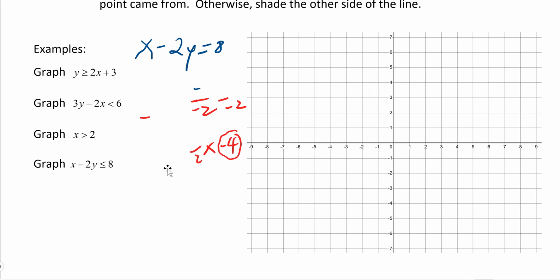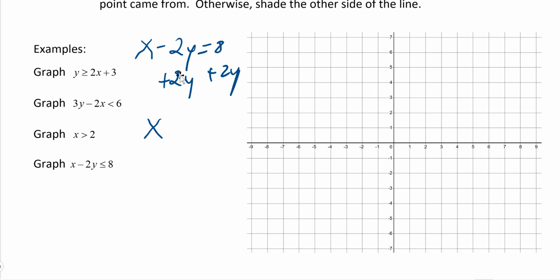This could be helpful sometimes. Let's do a little bit more erasing, and then I will show you. Since we have an x with no coefficient on the x, instead of solving for y, I'm going to solve for x. So I will add 2y to both sides.